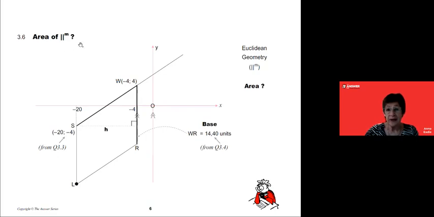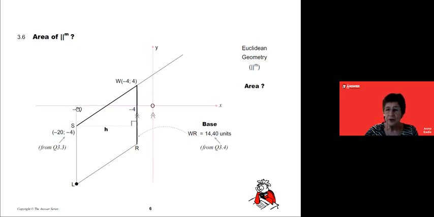The area of a parallelogram. It's amazing how few learners actually know the formulae for the area of quadrilaterals. And so the area of a parallelogram is base times height. And I must say, this examiner really had vertical and horizontal lines in his or her mind, because to find the base, it simply was the length of WR, which we found from question 3.4, and then the height was this horizontal line.